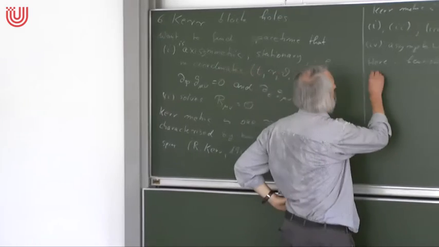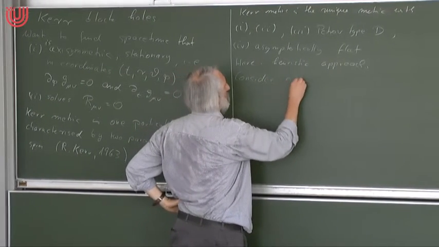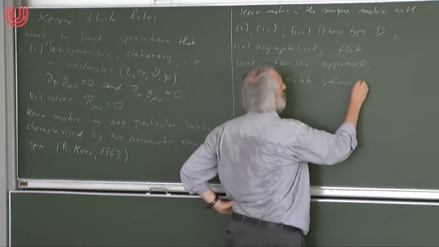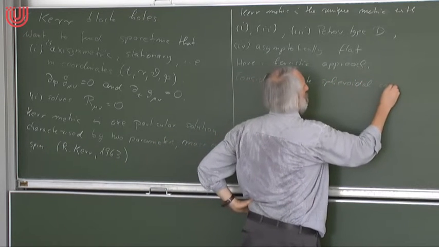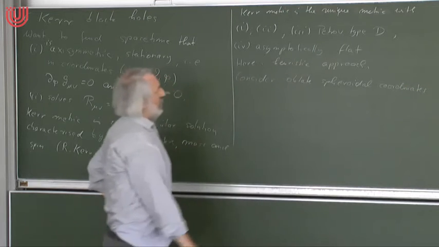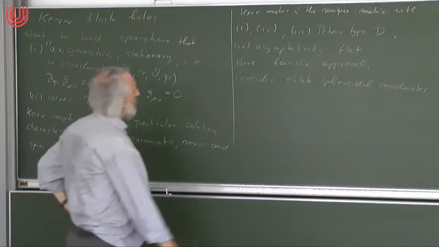So I consider what are called oblate spheroidal coordinates. In a way, one has a feeling that they are probably appropriate for considering rotating objects. So what is this?